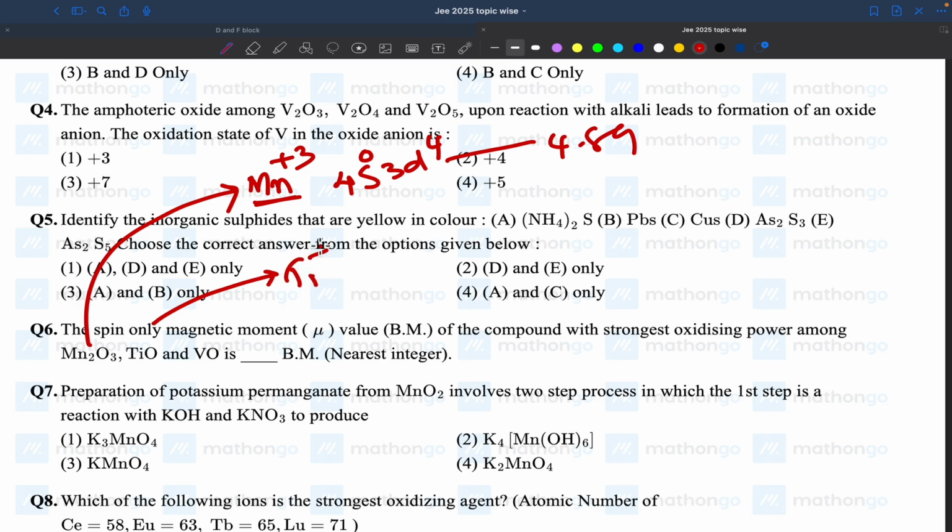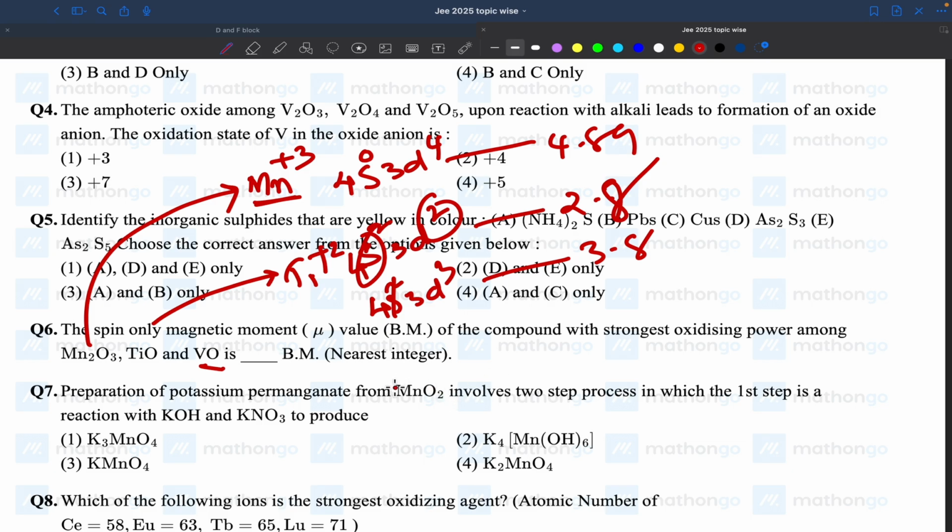Titanium +2: titanium is 4s2 3d2, so titanium +2 will be 4s0 3d2, so 2 electrons gives 2.7 or 2.8. And vanadium +2: vanadium comes after scandium, titanium, so it is 4s2 3d3, and with +2 it is 3d3, so we get 3.8. So this is going to be 5, this is going to be 3, this is going to be 4. But the question isn't about this.